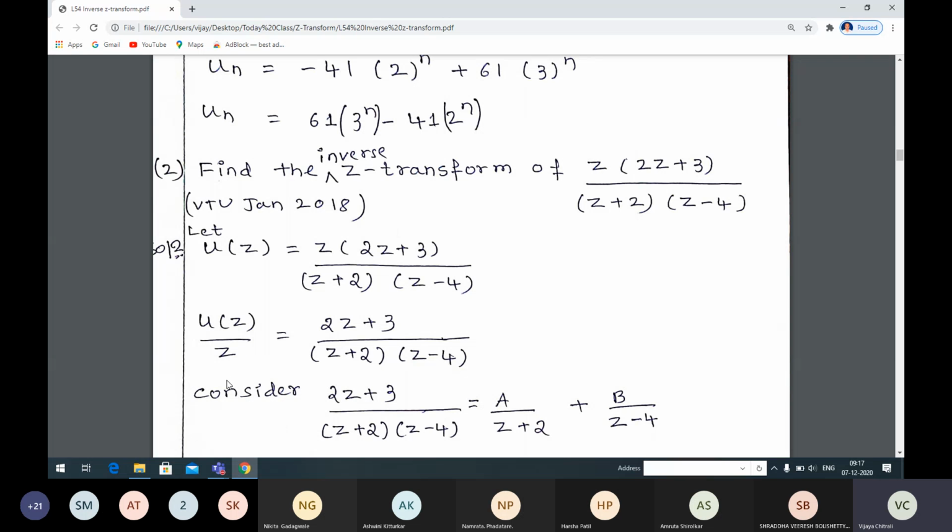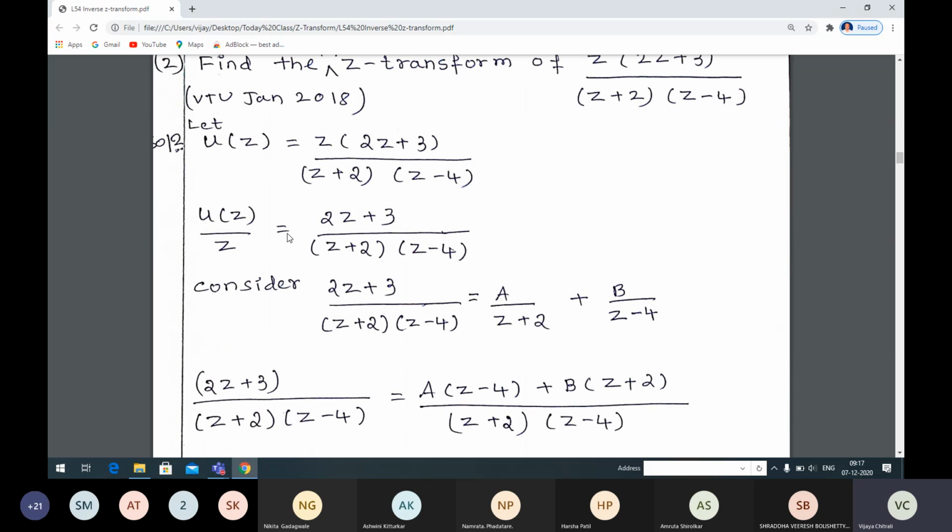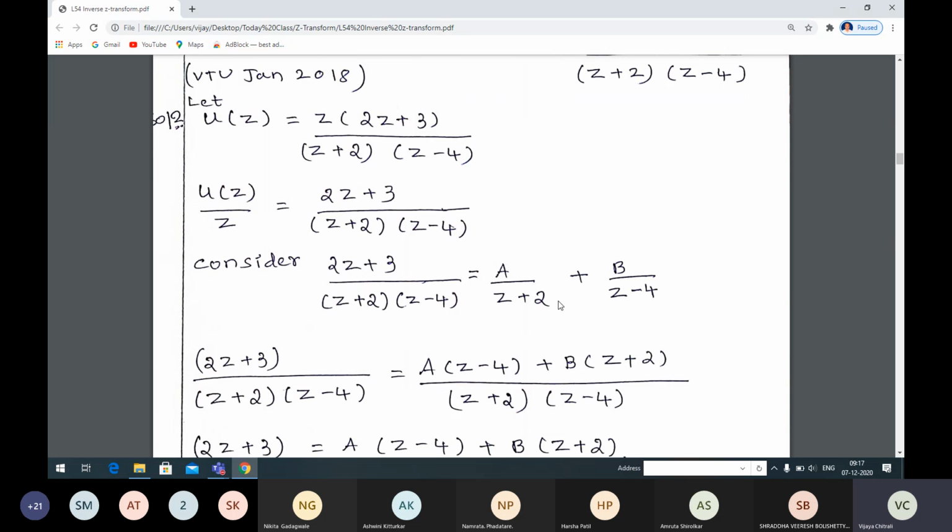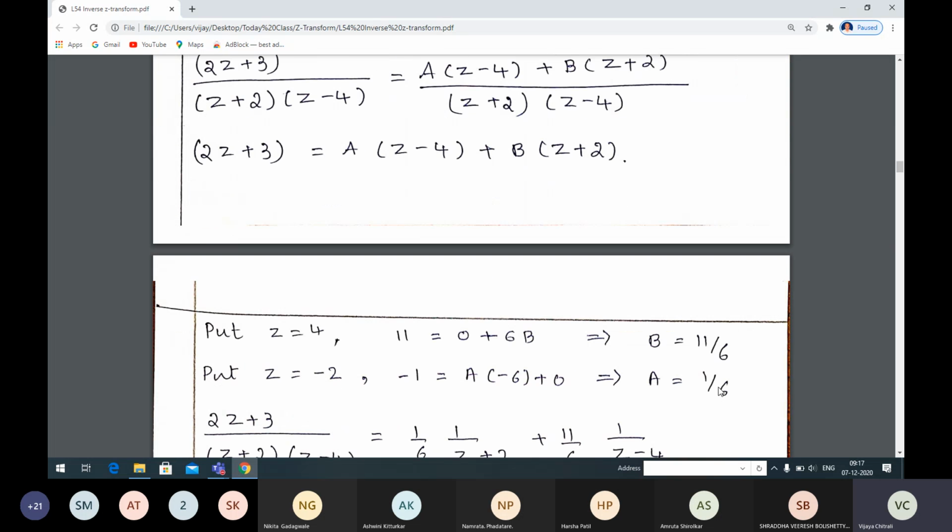So u of z divided by z is equal to 2z plus 3 divided by z plus 2, z minus 4. You resolve this by using partial fractions. So this is equivalent to a divided by z plus 2 plus b divided by z minus 4. By proper substitution of z, find a and b. We'll get a as 1 by 6, b as 11 by 6.